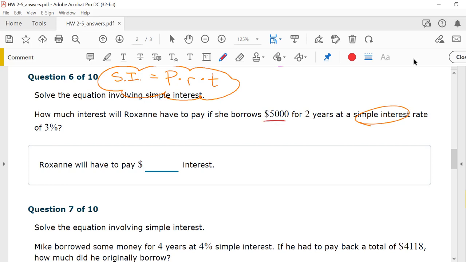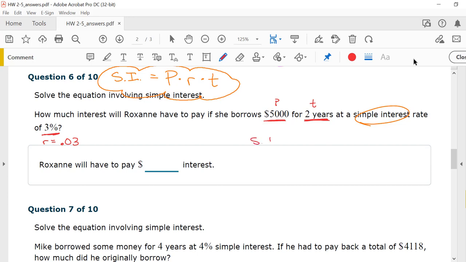Here we go. Borrows $5,000, so that's your principal. 2 years, that's your time. Interest rate of 3%. Okay, your rate is going to be 0.03. You got to convert that percent to a decimal.